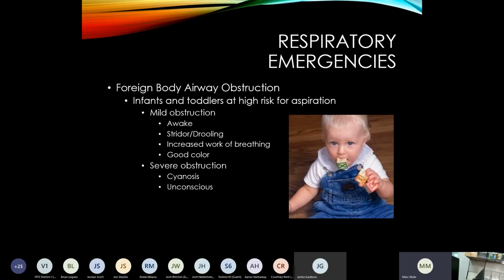They have an increased work of breathing, yet they're still oxygenating, so they can have good color and may not appear in extremis immediately. A severe obstruction, on the other hand, they become cyanotic and hypoxic and can become unconscious.